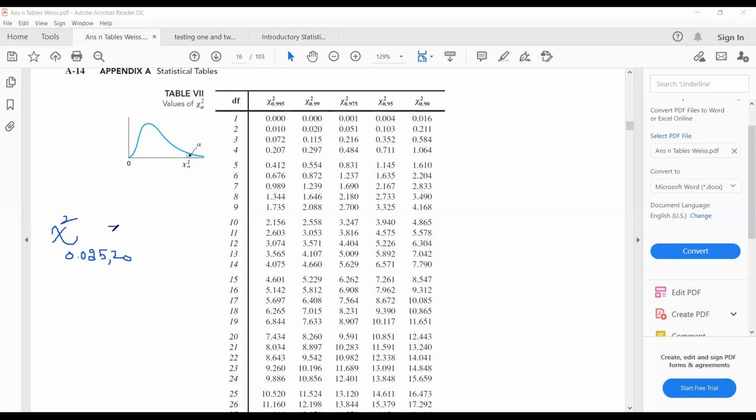This number is needed. So 0.025 can directly be used because 0.025 is this region. At 0.025, 20 degrees of freedom is this. But 0.025 is not here in these columns. So I have to switch to the next page of this table.